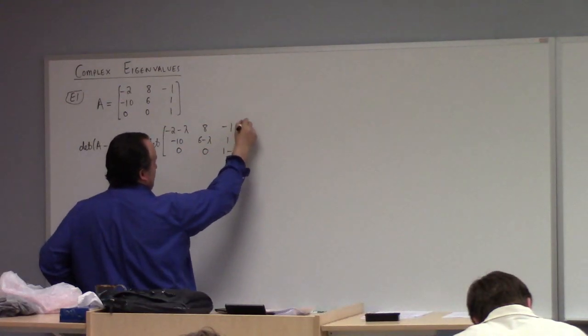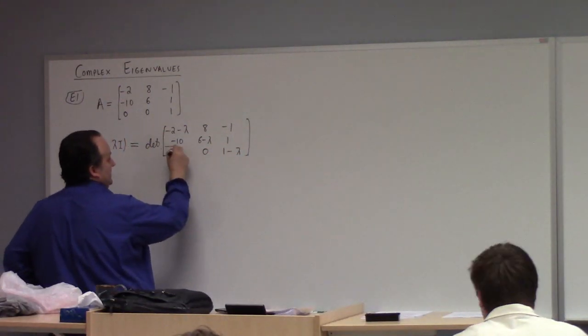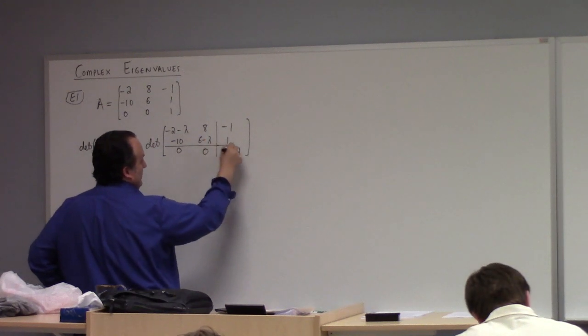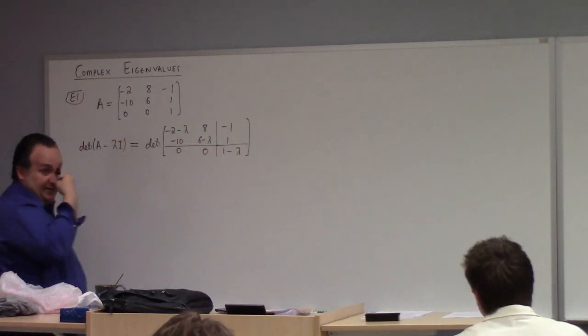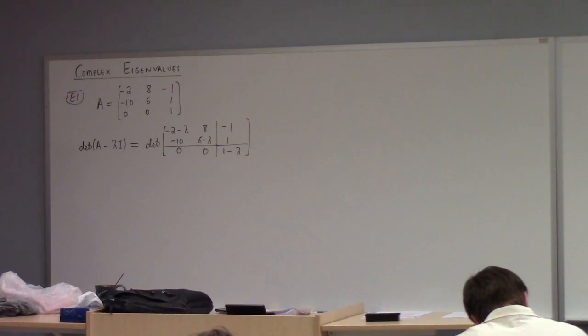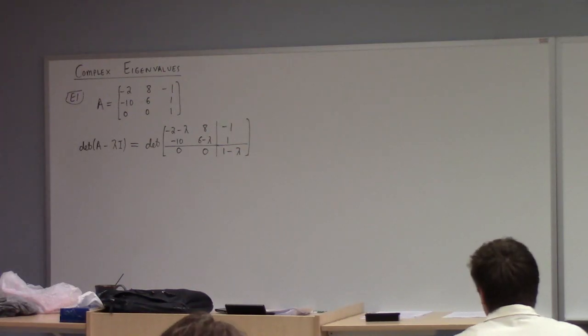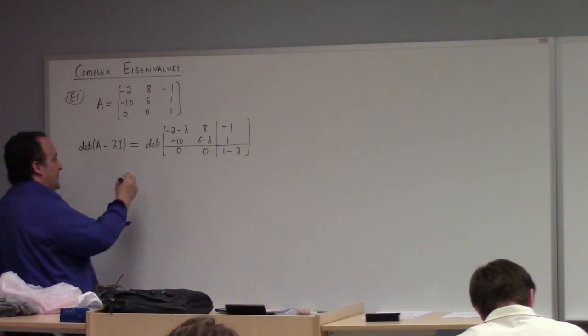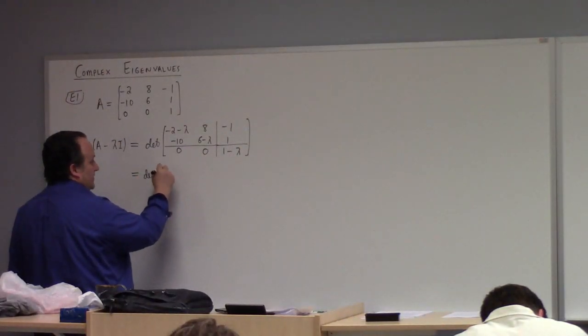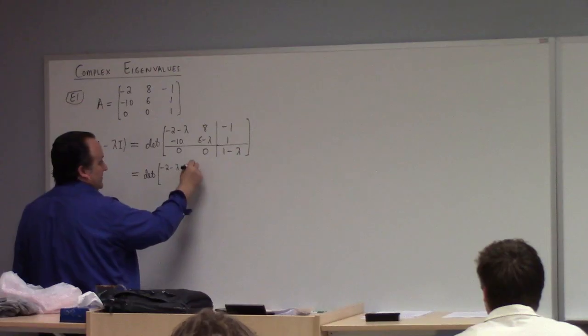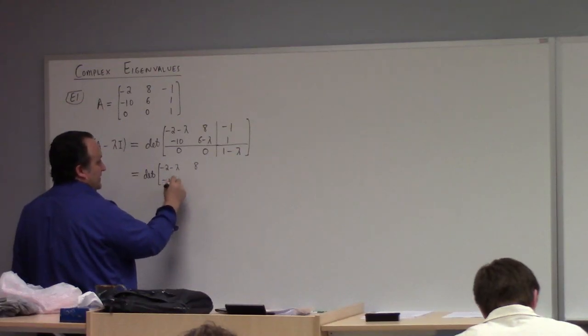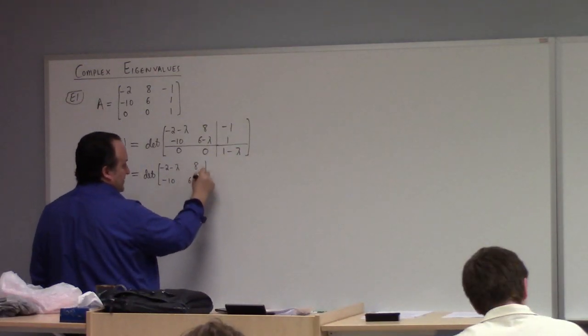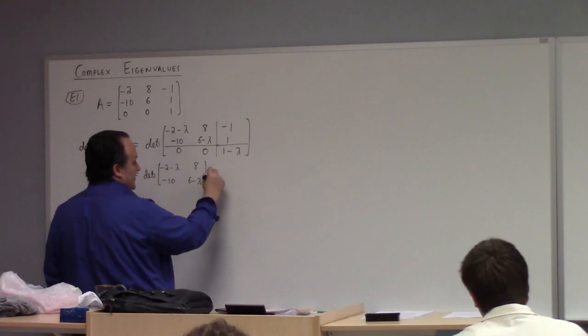Now this is very nice because we've got this block decomposition here, right? It's block triangular in that sense. And so we can use the property of the determinant that says this is actually the determinant of the upper block, minus 2 minus lambda, 8, minus 10, 6 minus lambda, times the determinant of the last block.